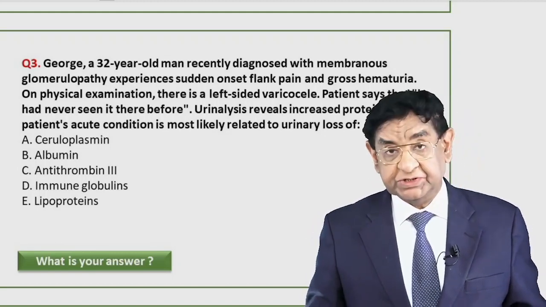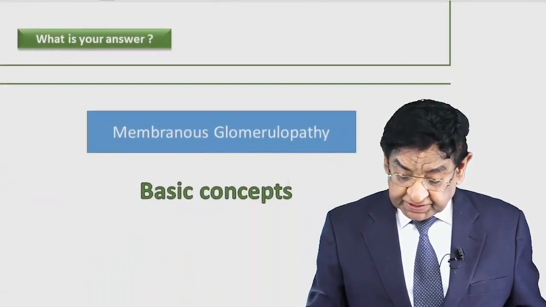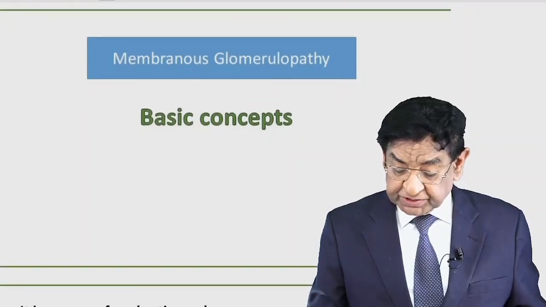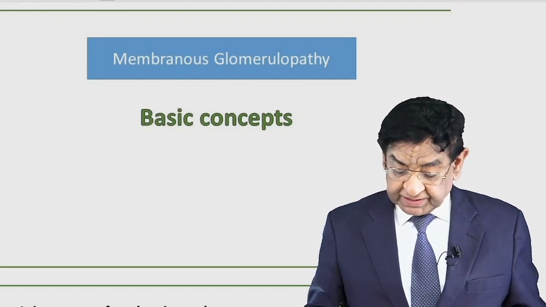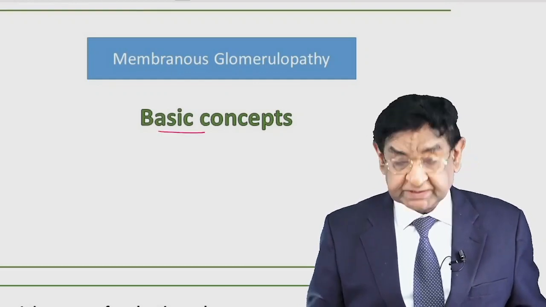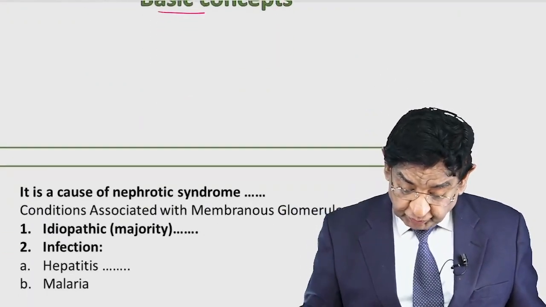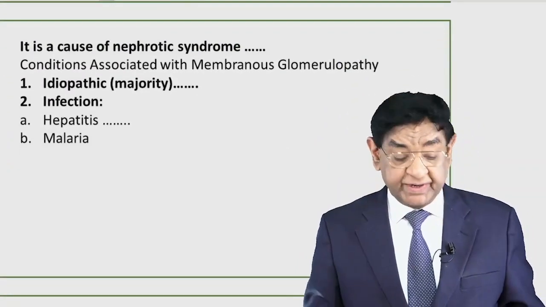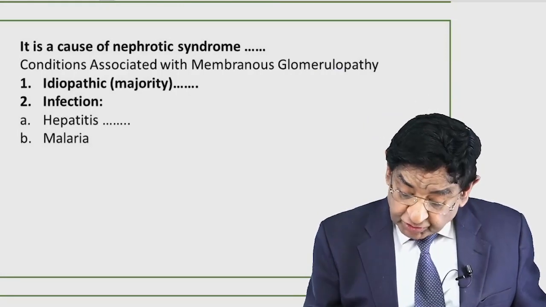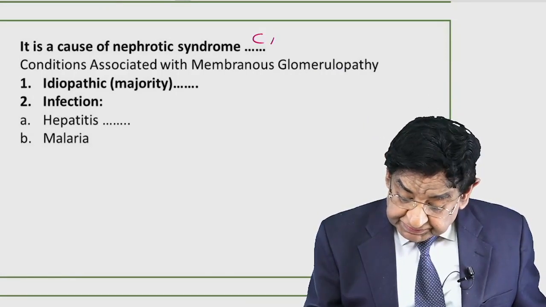So let's discuss this topic. The topic of discussion now is membranous glomerulopathy, also known as membranous glomerulonephritis. Let's learn the basic concept about this topic. It is a very common cause of nephrotic syndrome in Caucasian adults.